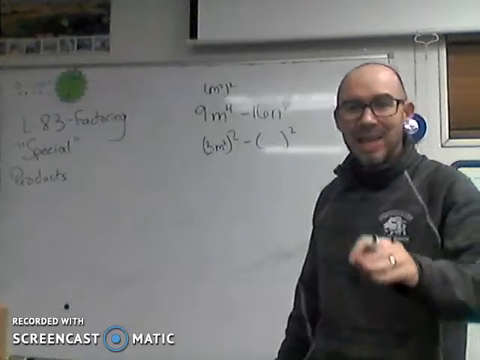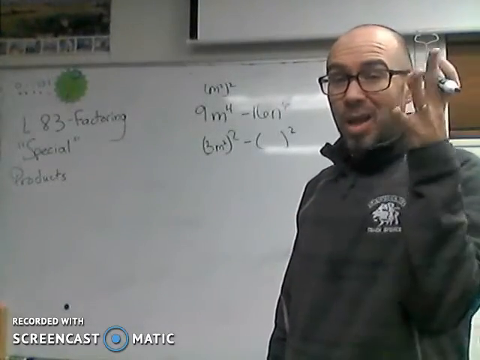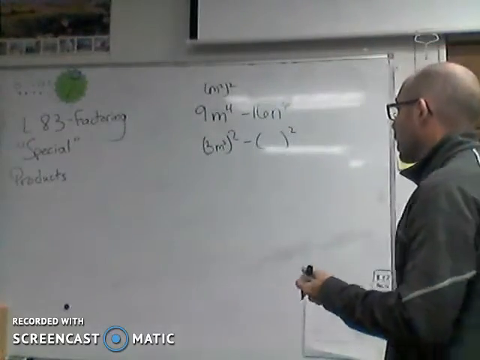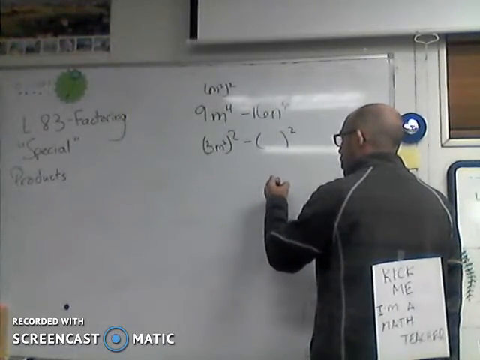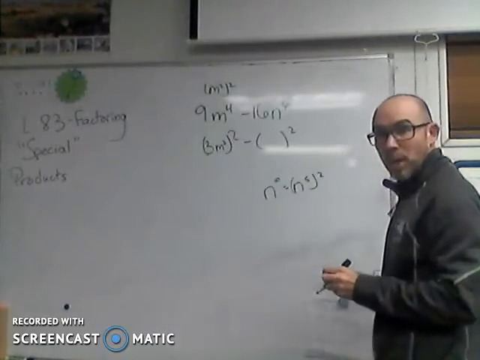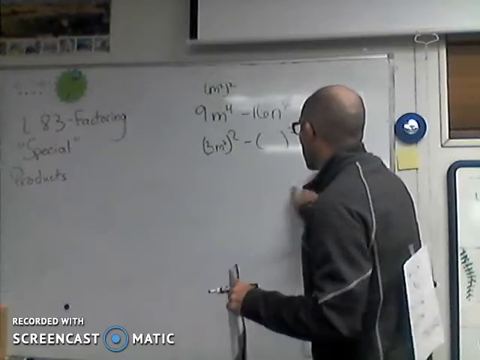So any even power of a variable, we can split it up into something squared. Like if it was a number to the 10th power, that's equal to the 5th squared. Okay? It's an even number of power. We can always split it up like that.